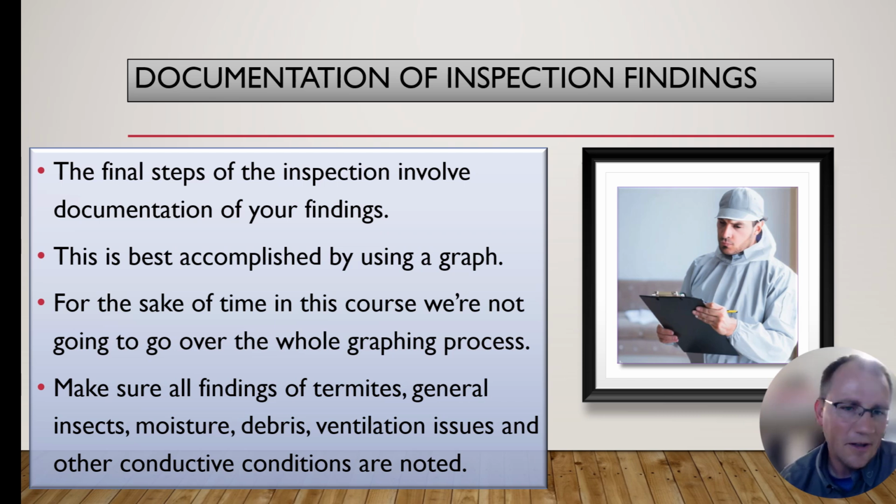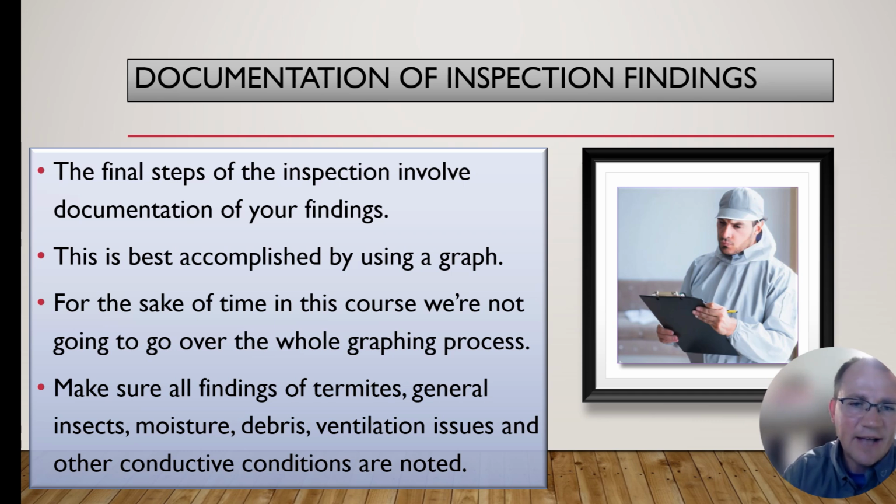I've got to tell you, there's so many things we can look at on inspections of crawl spaces that we could probably be here all day and not list them all. But I did want to mention that now that we've done all this work on the inspection and everything else, make sure you're documenting it well. So we mentioned before that each one of these steps you're finding wrong, you're going to need to document on a graph.